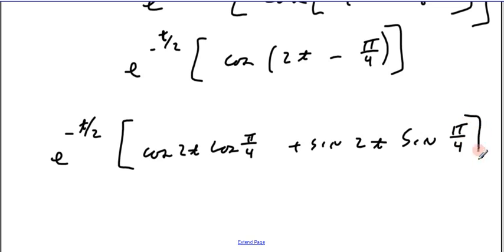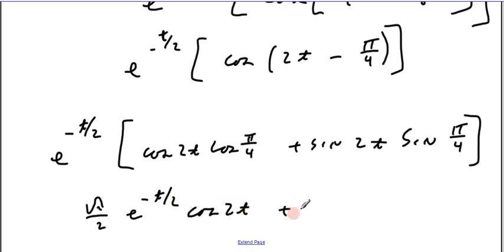Seeing that pi over 4 is 45 degrees, that's going to be square root of 2 over 2. So we're going to have square root of 2 over 2 e to the minus t over 2 cosine 2t plus square root of 2 over 2 e to the minus t over 2 sine 2t.